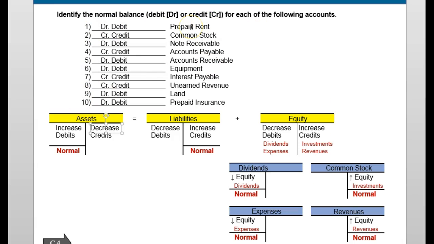Prepaid rent, which is an asset, has a normal balance of a debit. Common stock, which is an equity account, has a normal balance of a credit, because equities have, this particular equity, common stock, has a normal balance.